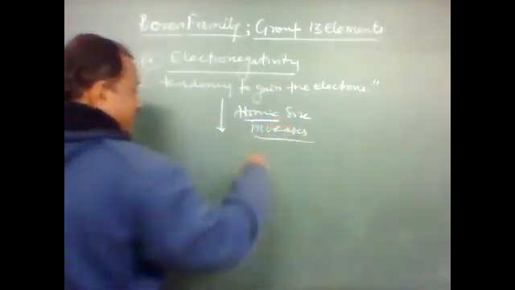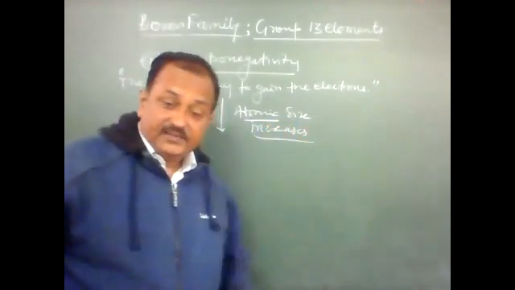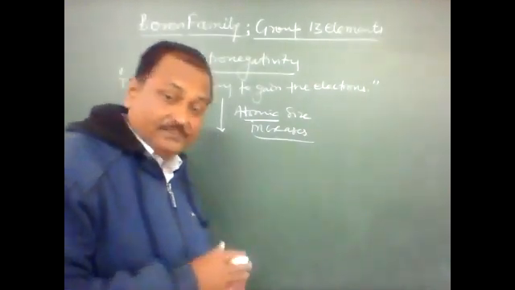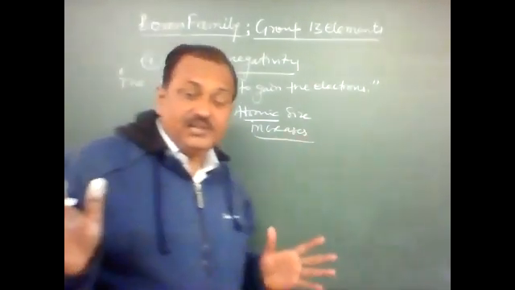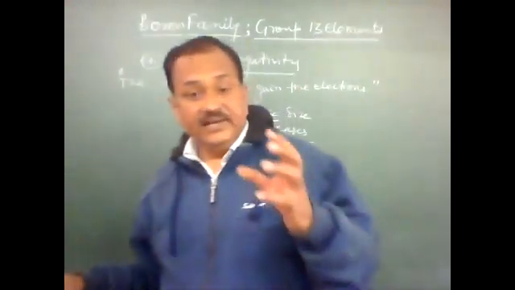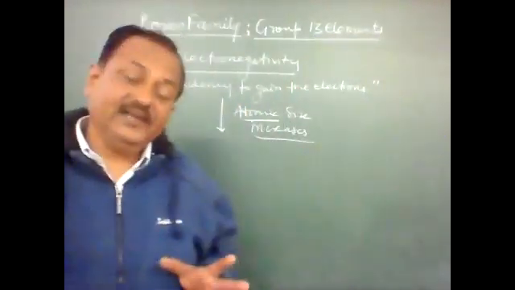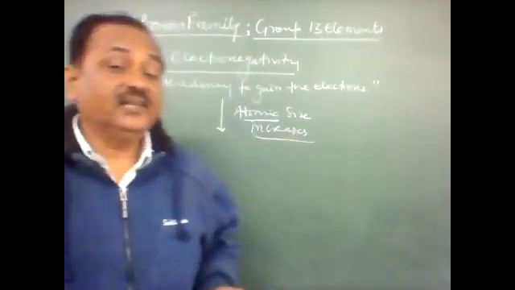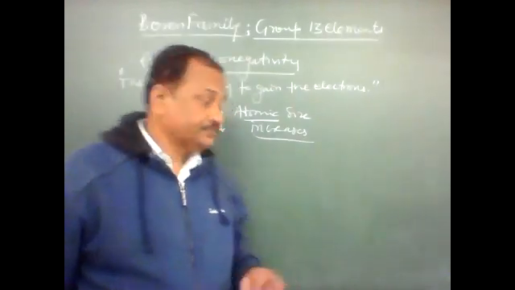So when atomic size increases, what happens? The tendency to gain the electrons decreases. Simply because size becomes larger, and in the previous point, the nucleus becomes weaker as size increases. So the indirect meaning is that the nucleus becomes weaker.